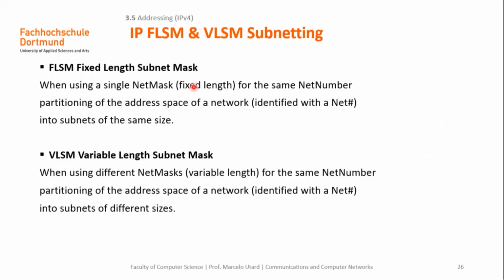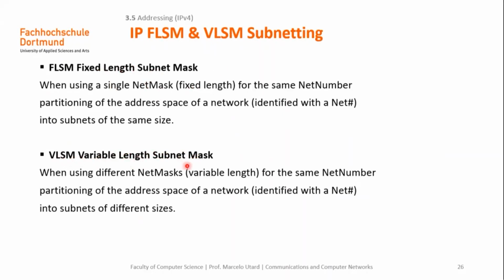Then there are two kinds of subnetting: the fixed length subnet mask and the variable length subnet mask, the FLSM and the VLSM. Nowadays we typically use the VLSM. Why?